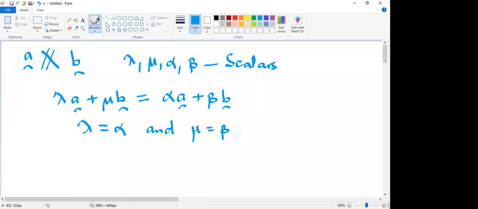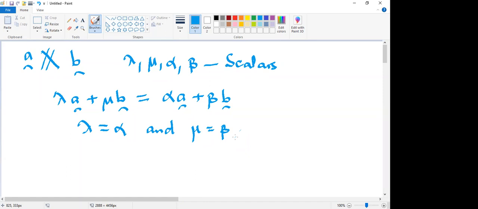the components for two vectors that are equal must be equal. I'm looking at component A and component B. So alpha A and lambda A are equal, meaning scalar lambda is equal to scalar alpha.